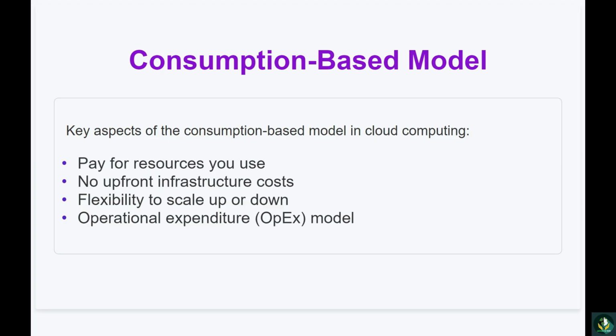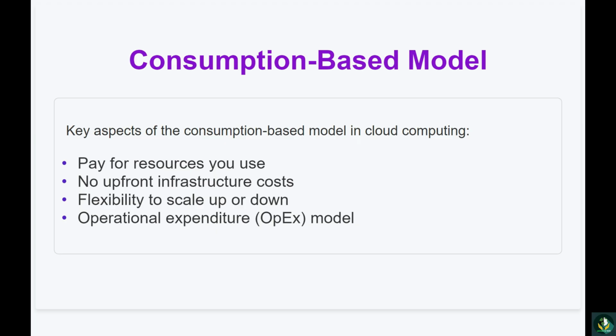This approach eliminates the need for significant upfront investments in hardware and infrastructure, traditionally associated with on-premises data centers. Instead, cloud providers offer a vast array of resources, from computing power to storage and networking capabilities, available on demand.